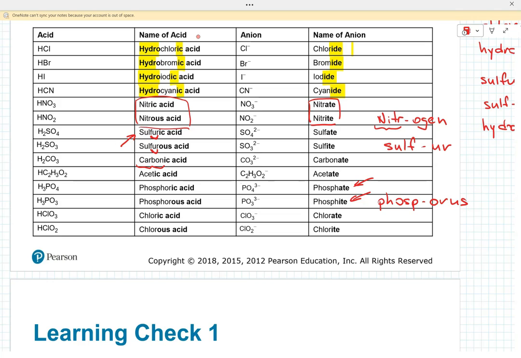But it's not going to be phosphic or phosphous acid. It's going to be phosphoric or phosphorous acid. Am I making sense? So while there is some logic in it, a lot of this is just traditional names that were accepted hundreds of years ago, and although they don't follow the pattern, nobody changes them. Basically, they just got that way because they roll off the tongue better, I guess.